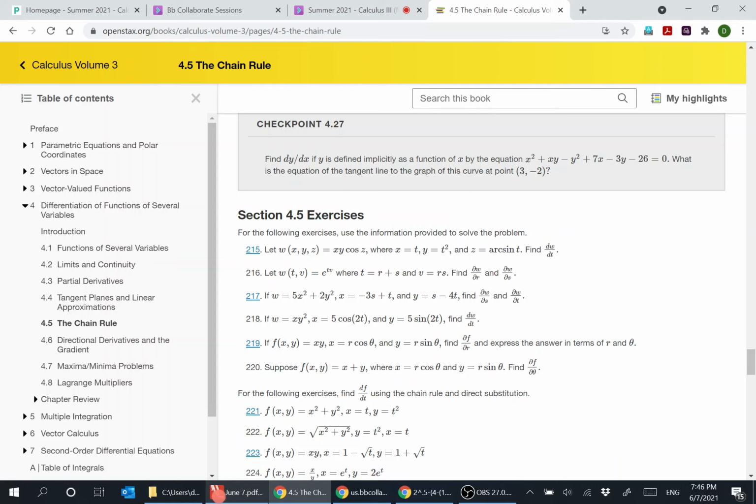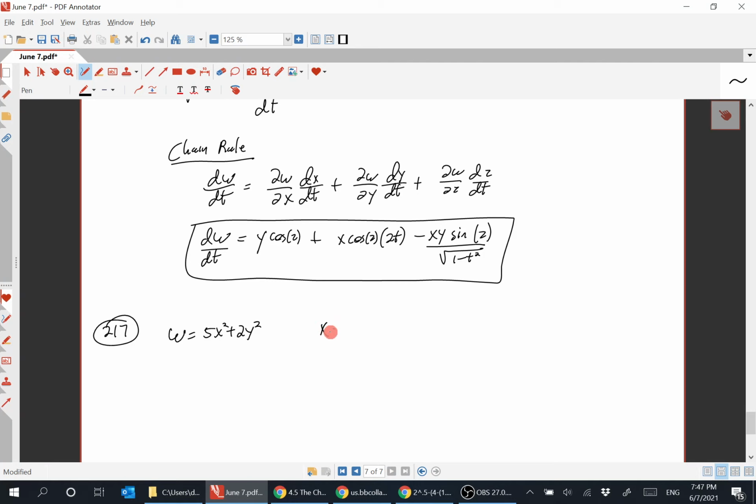And x is minus 3s plus t. Y is s minus 4t. So here you've got your outer function, w is a function of x and y. No z in this one. X is a function of t. Y is a function of t.